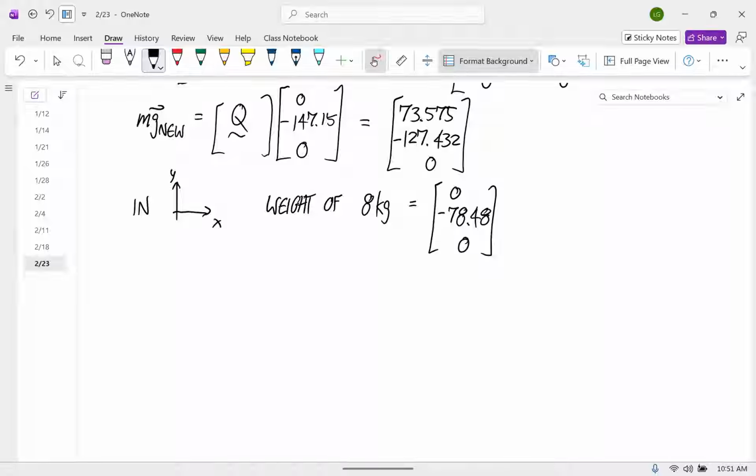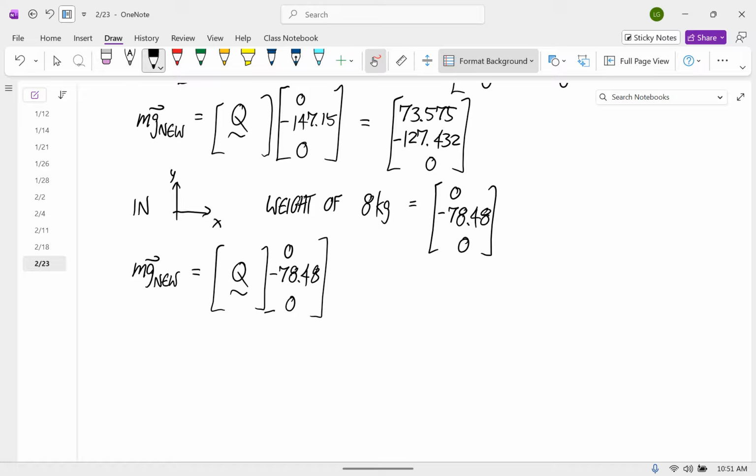And so in the new coordinate system, again, that's that same Q matrix times 0, negative 78.48, 0.